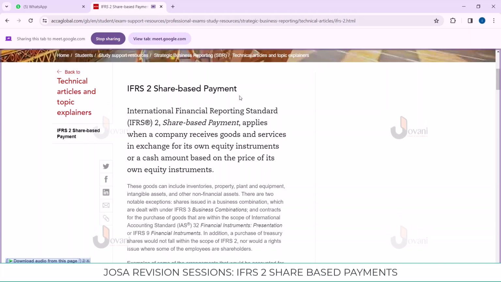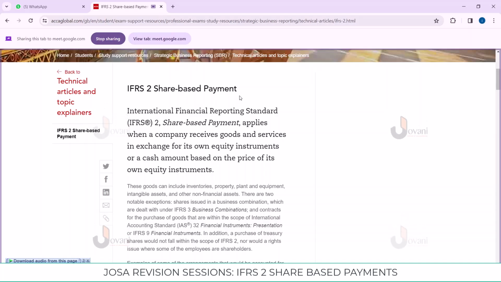So those are the basics that we should know under this standard. One, the two types of share-based payments, their accounting and measurements. Then two or three, meaning of grant date and vesting date. You should know the vesting conditions. And once you know all that, then you are good to go.